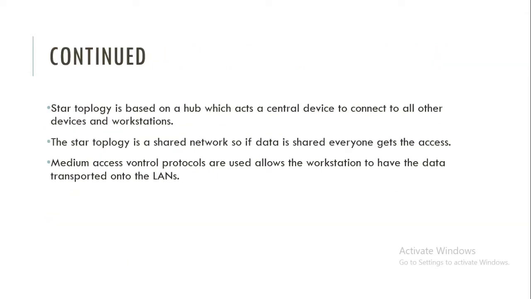Star topology is based on a hub which acts as a central device which connects all other devices and workstations across that particular LAN. Star topology is also a shared network, so if data is shared, everyone gets access to the data.